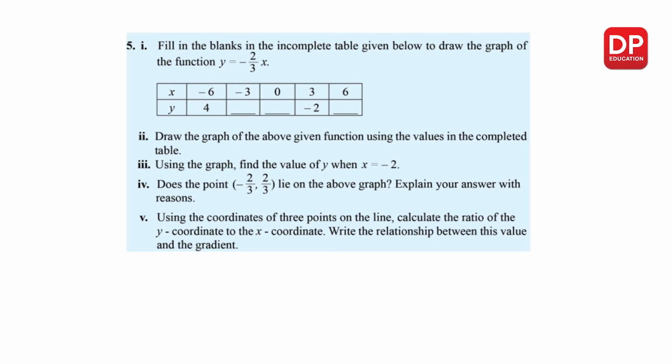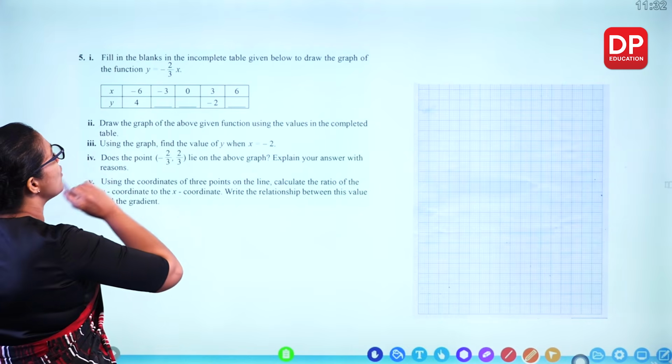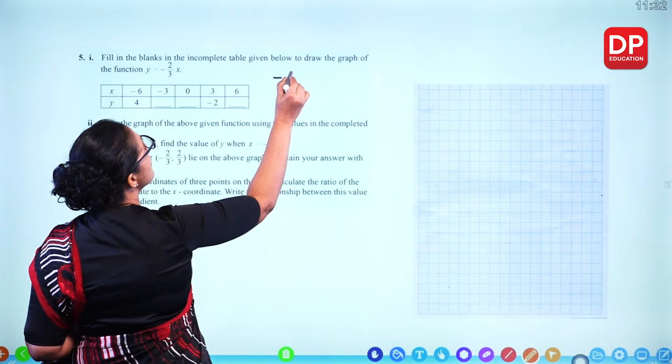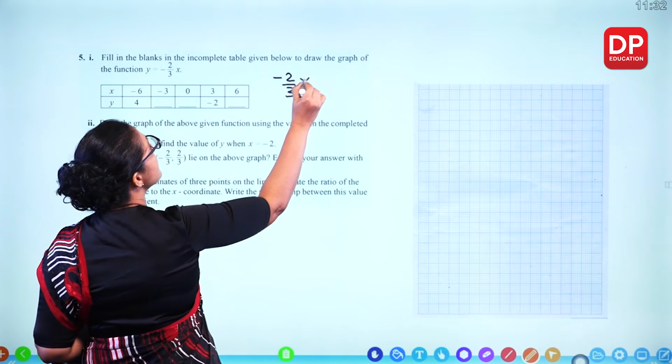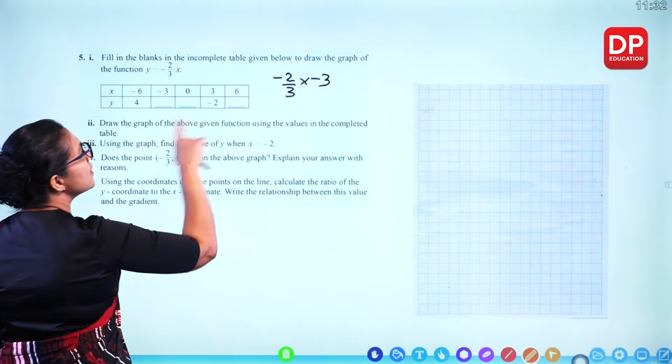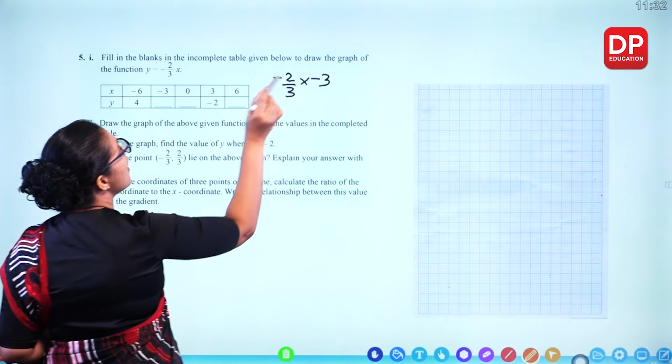Question number 5. Fill in the blanks in the incomplete table given below to draw the graph of the function y equals minus 2/3 x. How do you find this value? Substitute minus 3 for x, you get plus 2.